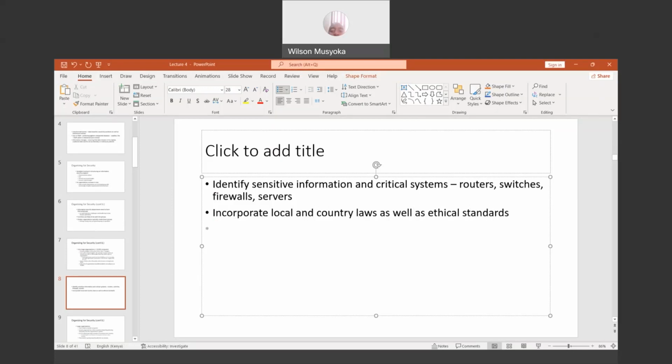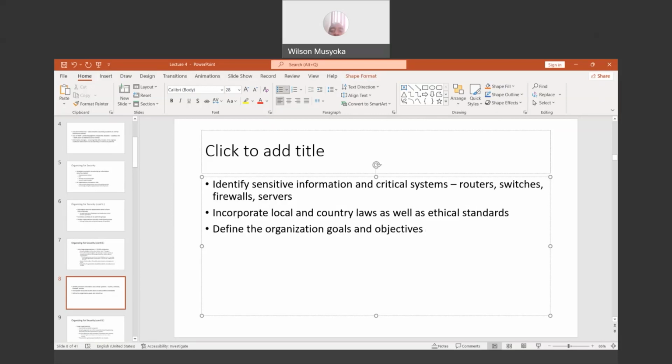Number three, you need to define the organization goals and objectives.